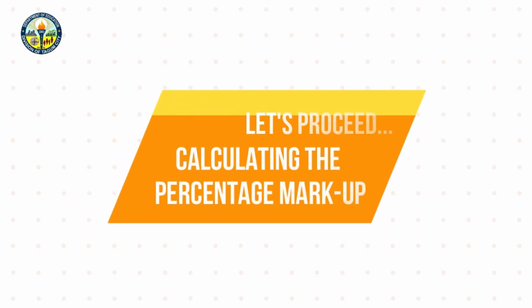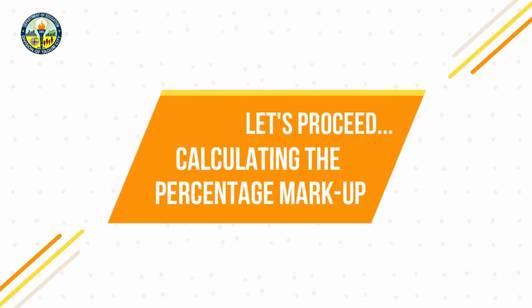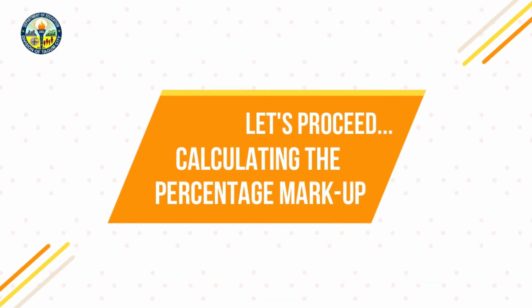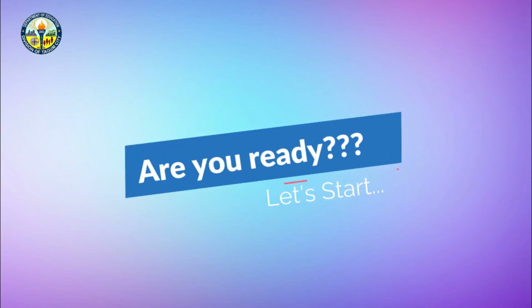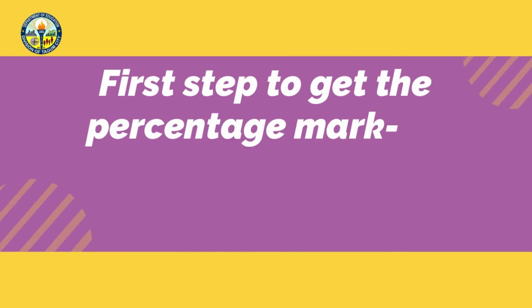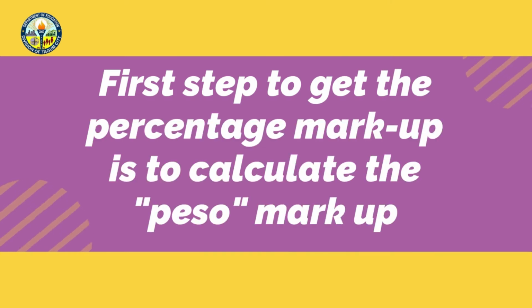Let's now proceed in calculating the percentage markup. So how do we do this? Get your pen and paper and follow the steps in calculating percentage markup. Are you ready? Let's start. First step to get the percentage markup is to calculate the peso markup.